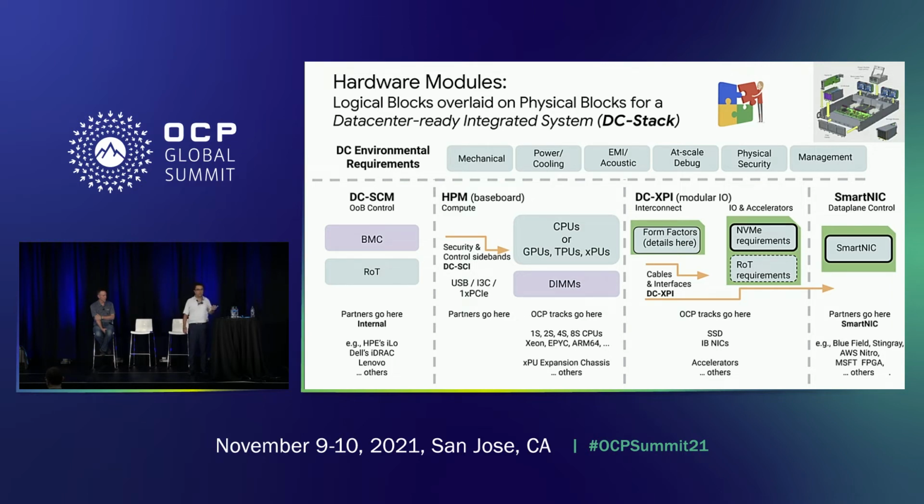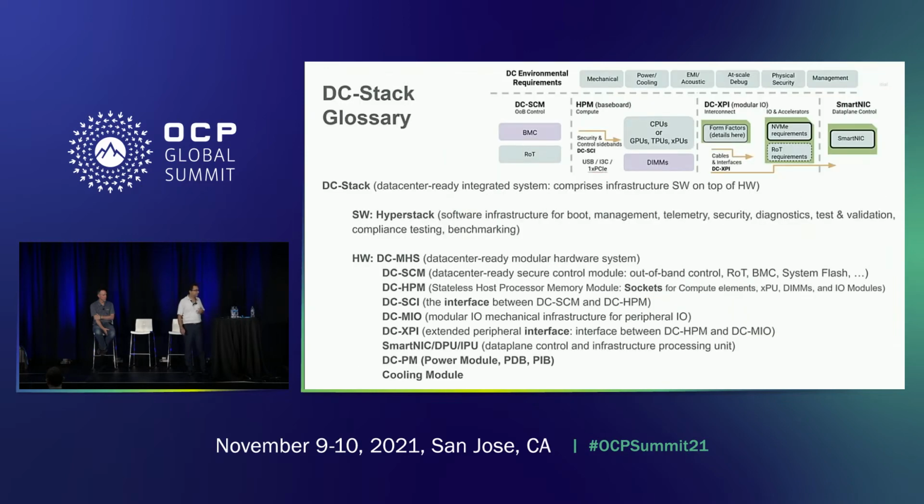And then the interconnect between that and the I/O module, the modular I/O, DC-MIO, and the interface DC-XPI. And we also recognize the new important place for SmartNIC. It's evolving. Different people call them different things, DPUs, IPUs, or SmartNIC. But we need to recognize that position and overlay that with logical concepts, security, manageability, debug, power, cooling. That becomes a modular hardware.